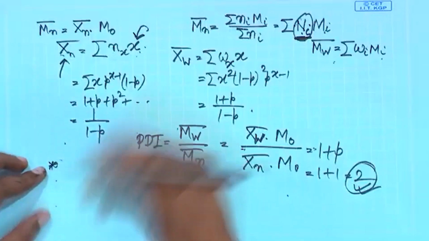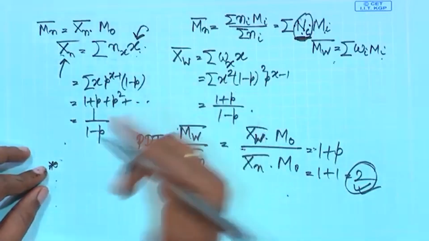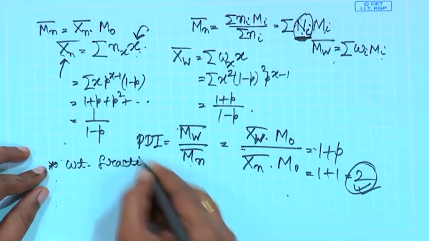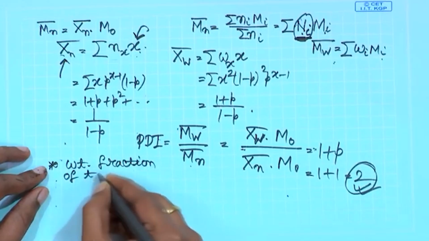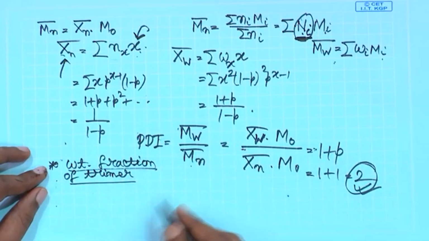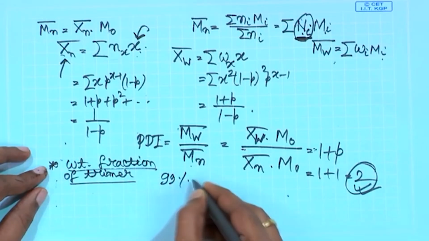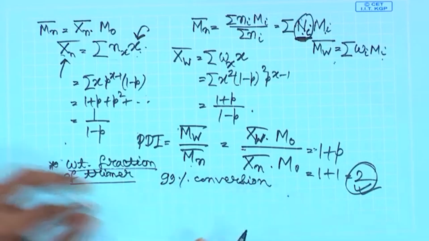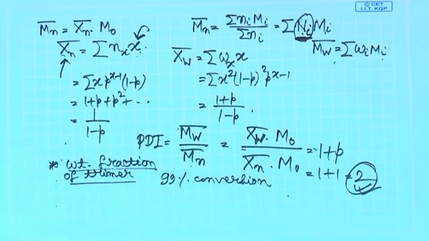Let us say you are asked, what is the weight fraction of trimer in a step polymerization that is carried out to 99% conversion?